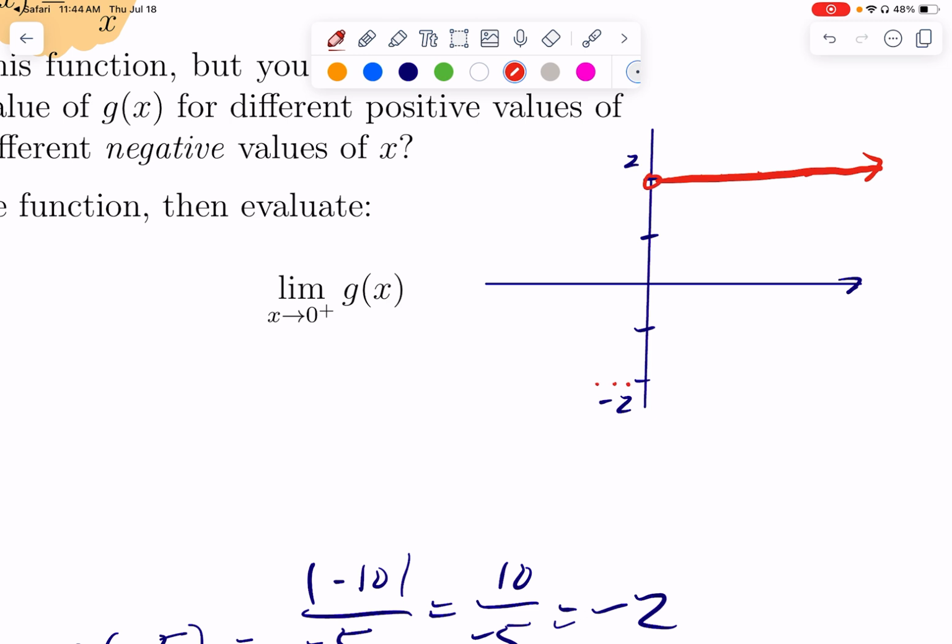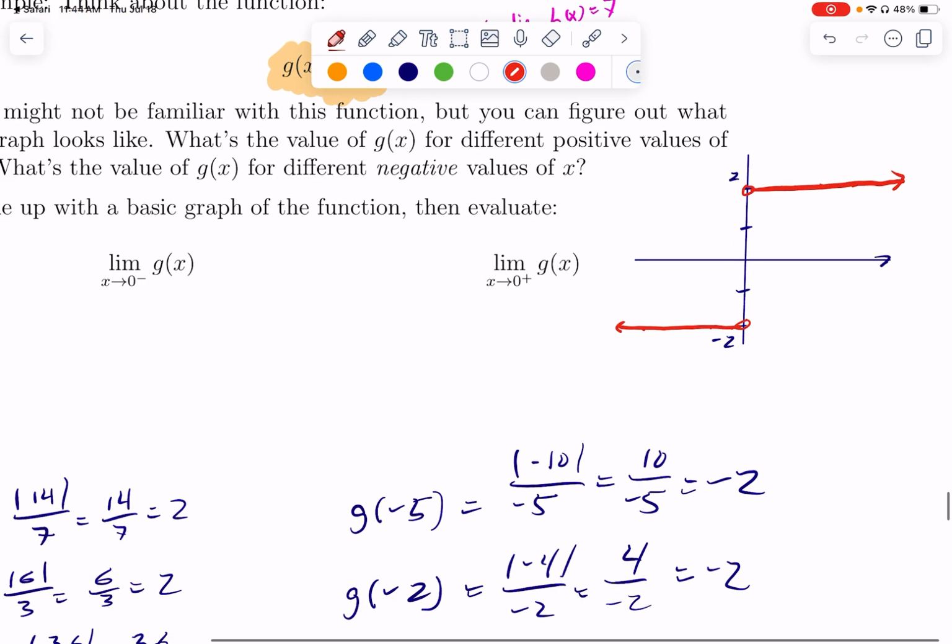If I plug in any negative number, I get an answer of y equals negative 2. So they're all along this straight line. And the function is undefined at 0. Right? So very simple, boring horizontal line, and then a jump discontinuity to a different boring horizontal line.